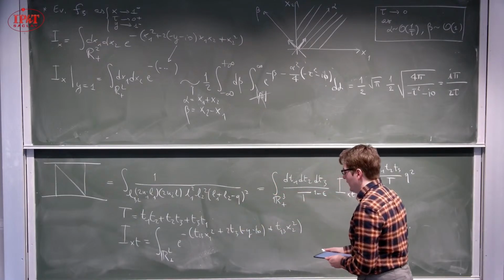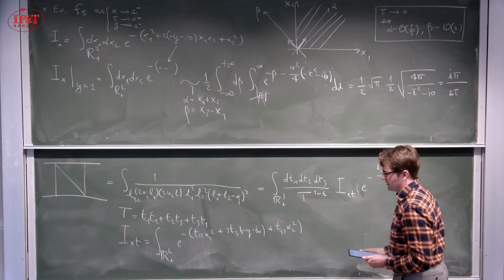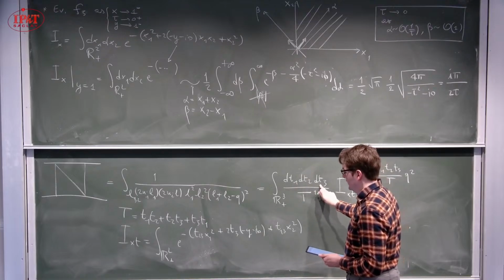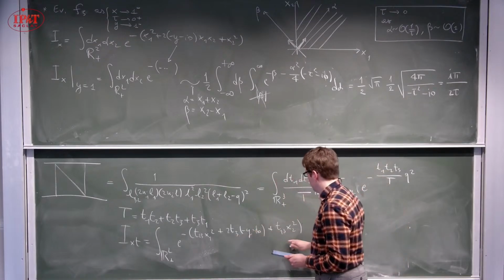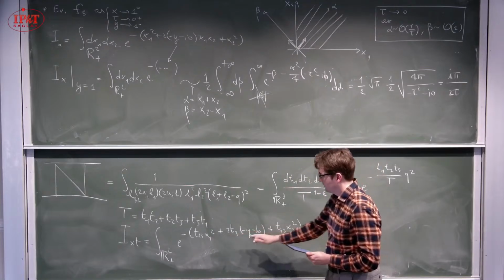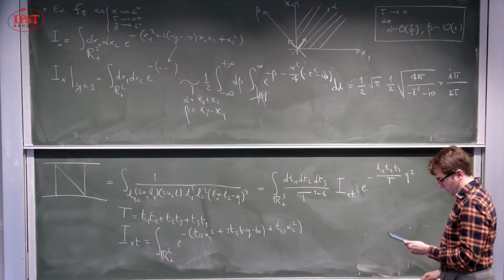The difference is that now, as you can see, the two integrations are not factorized. There is an integration over x1, x2 here, and an integration over t1, t2, t3 here, but t1, t2, t3 also appear as coefficients in this quadratic polynomial in the exponent.